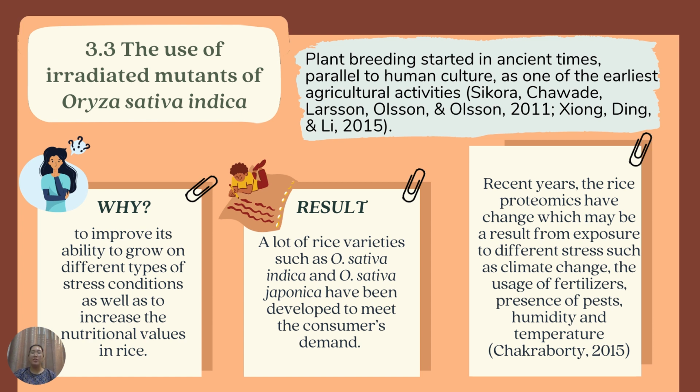Science applications on production of rice are done to improve its ability to grow under different types of stress conditions, as well as to increase the nutritional value in rice. As a result, lots of rice varieties such as Oryza sativa indica and Oryza sativa japonica have been developed to meet the consumer demand.